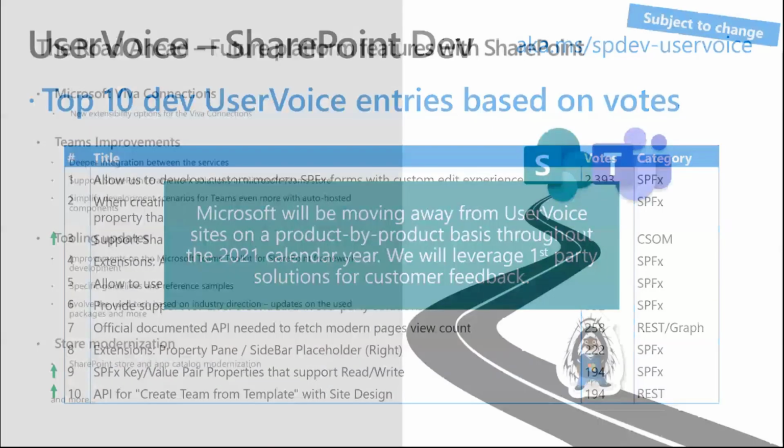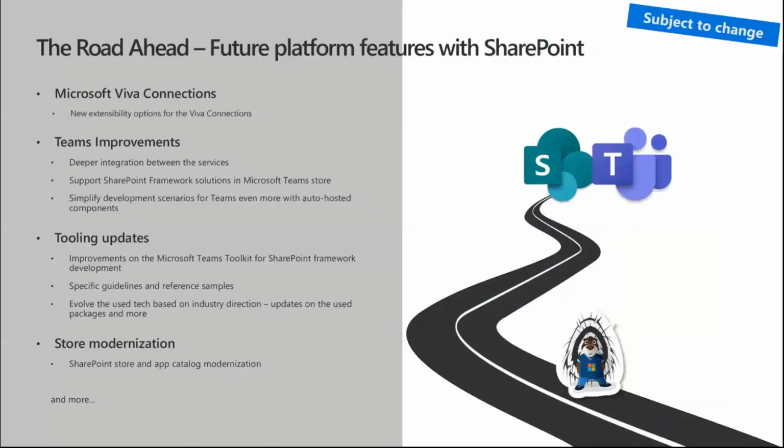Quick recap also on SPFx and the future platform features. We'll have a session around the SharePoint Framework at Build, where Jeff Teper is going to touch some of these topics as well. As we talked about in the past, Microsoft Viva Connections and Microsoft Viva in general is a big investment area for us from an ODSP perspective, meaning OneDrive and SharePoint.